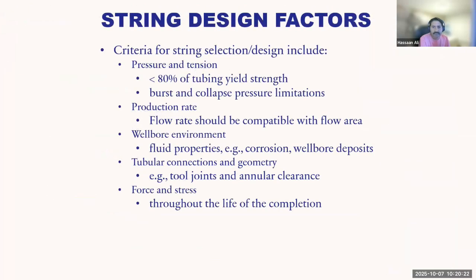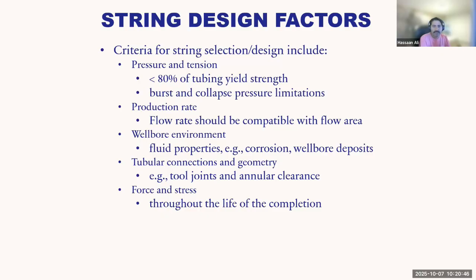A couple of factors when we are thinking about casing string design. You need to take into account your pressure and tension. That means the pressure and tension should be less than 80% of the tubing yield strength. That is the rule of thumb. They should also comply with the burst and collapse pressure ratings. It should be suitable for the production rate.